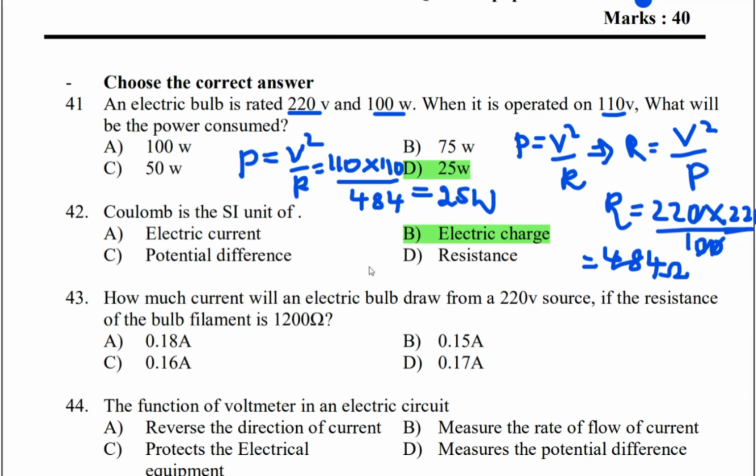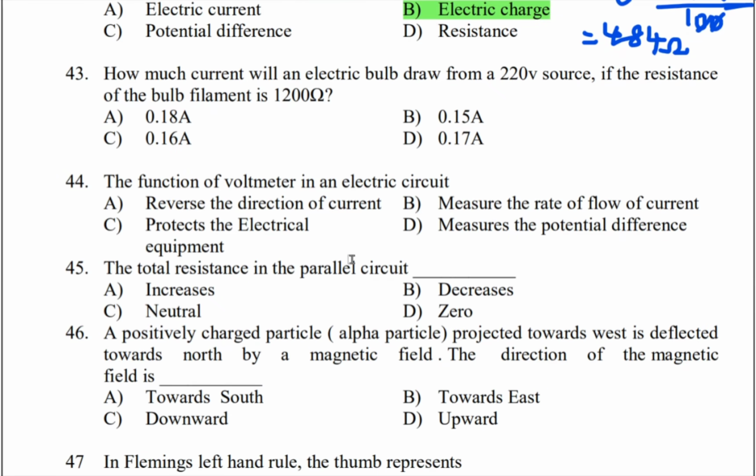Coulomb is the SI unit of electric charge. Now moving to 43rd question. How much current will an electric bulb draw from a 220 volt source if the resistance of the filament is 1200 ohms?